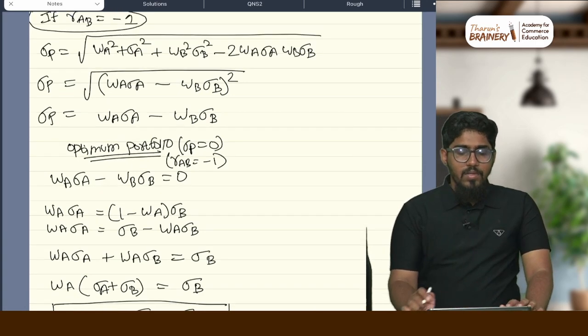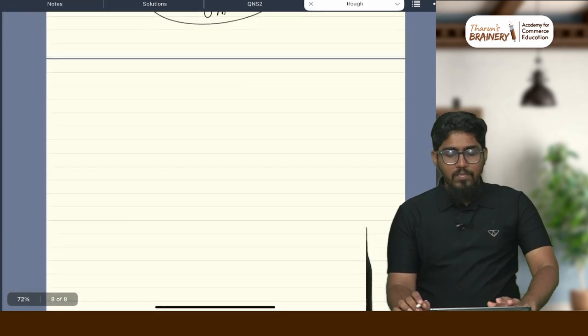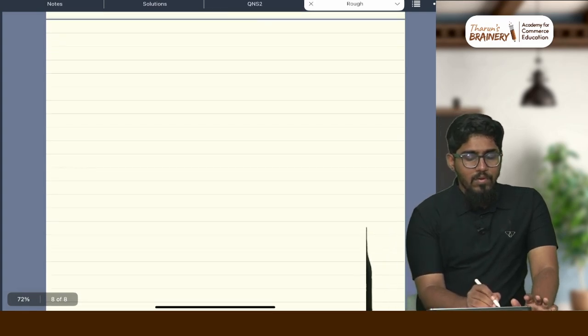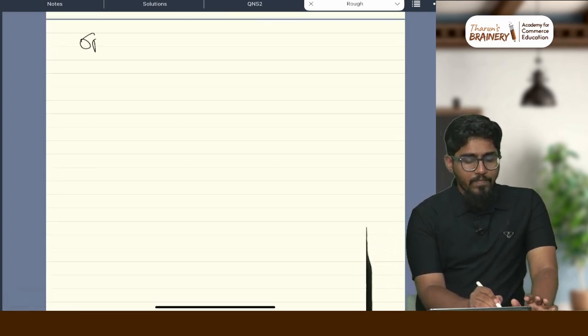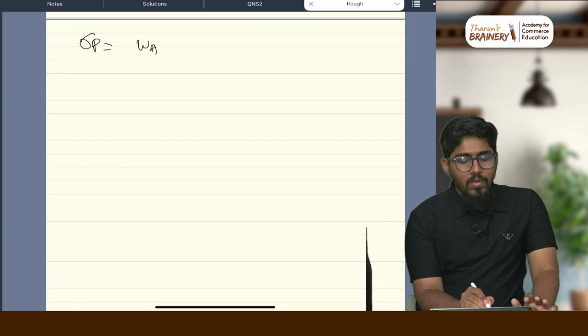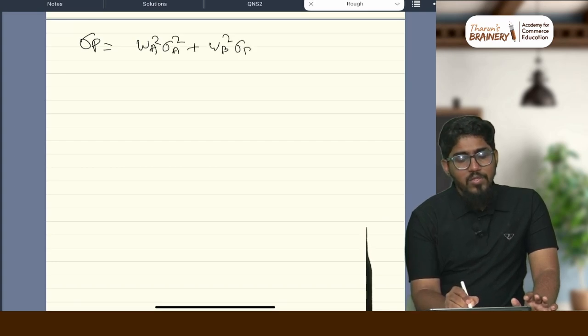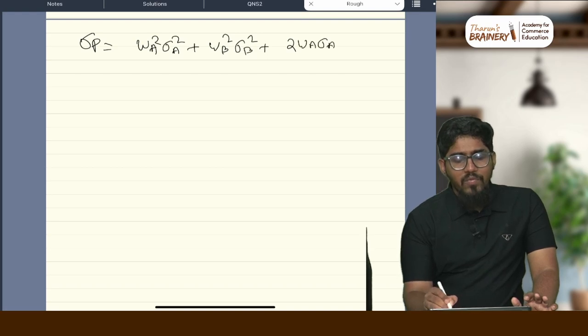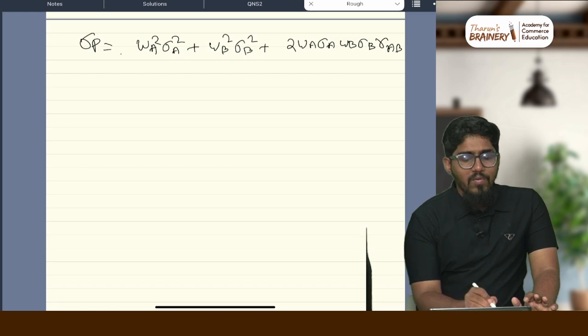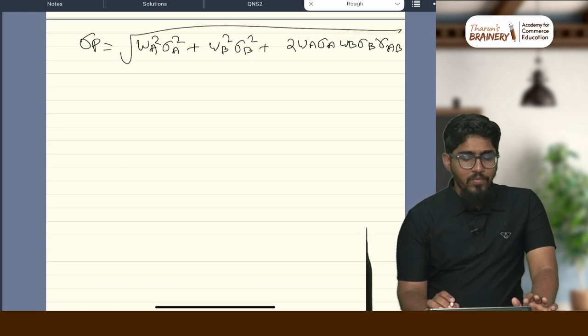I'll just give you one thing. You know the formula. Weight a square, standard deviation a square. Weight b square, standard deviation of b square. 2 into weight a into standard deviation of a, weight b into standard deviation of b, r of ab, the whole root.